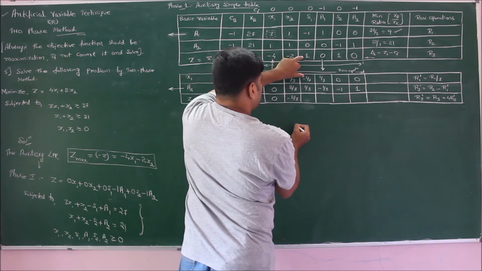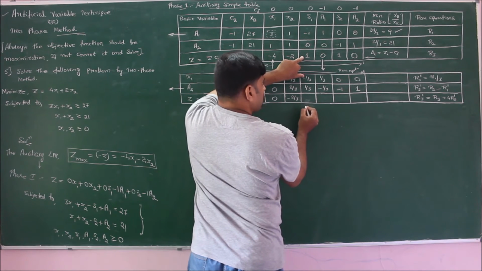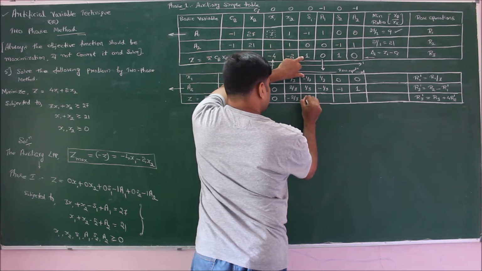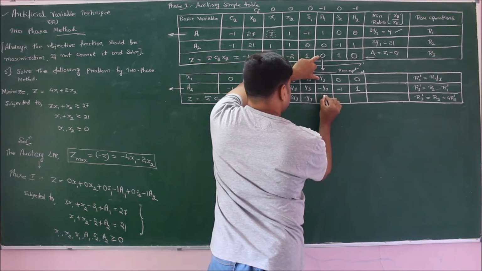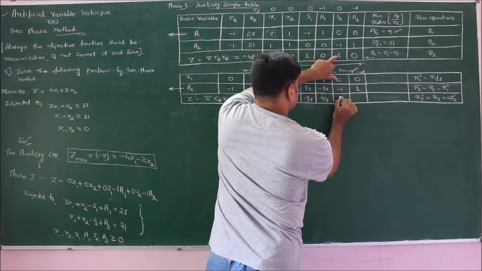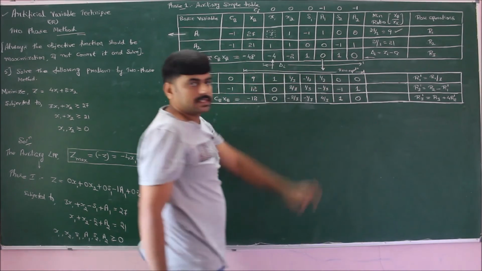Here I have 1, here I have minus 1 by 3, so 1 minus 4 by 3 is minus 1 by 3. Here I have 0, here I have 1 by 3, it will become 4 by 3. Here I have 1, here I have 0, therefore it will become 1. 0 and 0 will give us the value as 0.